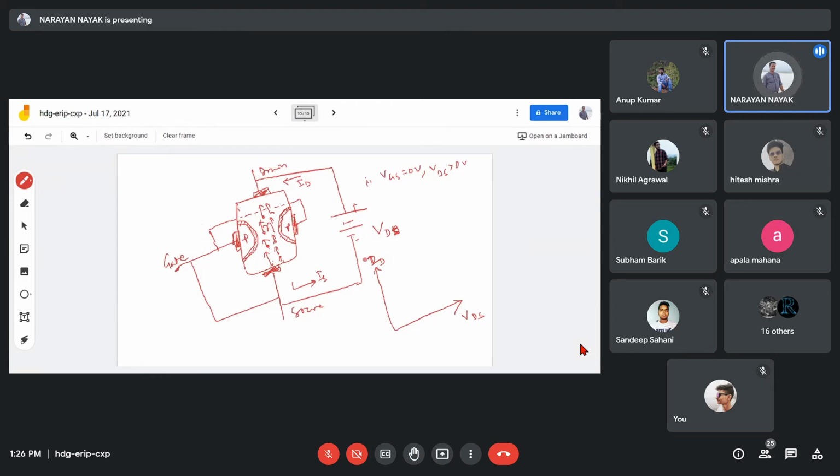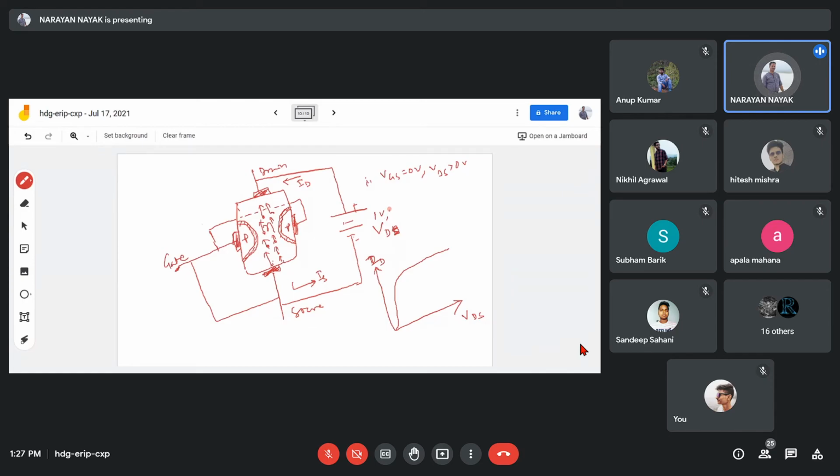Now what will happen? You'll get the curve like this. If the VDS is increasing greater than 0 volt, the drain current will be increasing, with more number of charge carriers. Let us say it is 1 volt, so a small number of charge carriers.